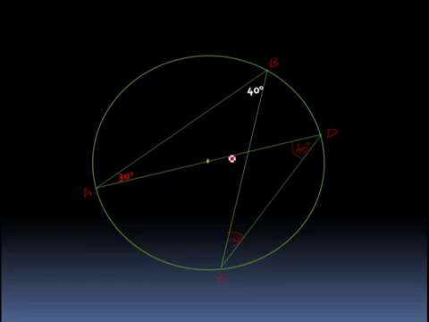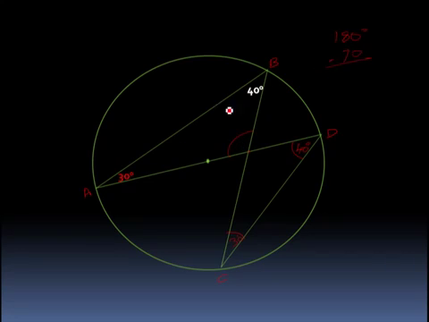Now what is this angle here? Can you figure that out? You can pause the video and then come back and tell me. Okay, so if this is 30, this is 40, what is this angle? Well, we know that all three angles must sum to 180 degrees. So if the sum of these two angles is 70, how much more do we need to get to 180?